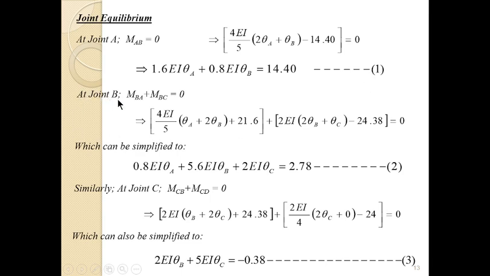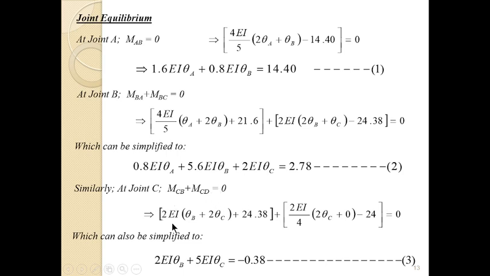Then at joint B again, MBA plus MBC equals 0. This equation for MBA, this equation for MBC, equate them to 0. And if you simplify, you will have this, which you call equation 2. And you go to joint C again, MCB plus MCD, that is the 2 moments at that support, equate them to 0.